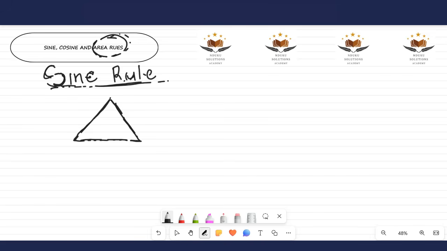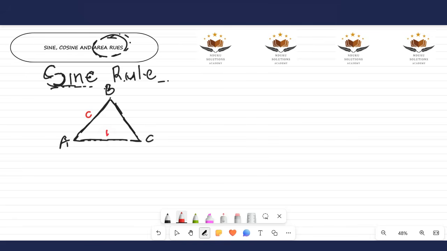So we create rules for them. So we have A, B. Okay, our sine rule says, let's define the sides.